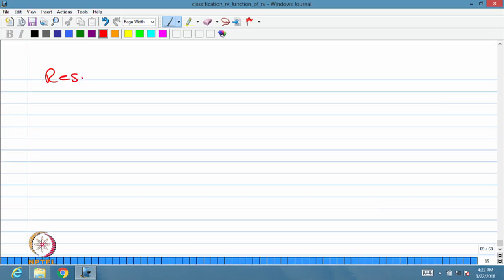I am going to give a few results on the correlation coefficient. The first result: the correlation between x comma y is the same as the correlation between y comma x. By interchanging the roles of x and y, it is going to be the same value.